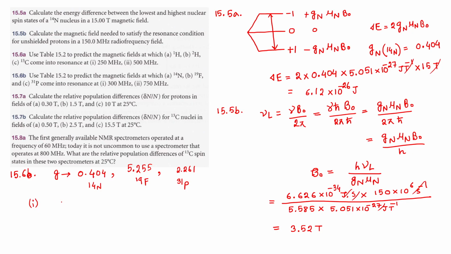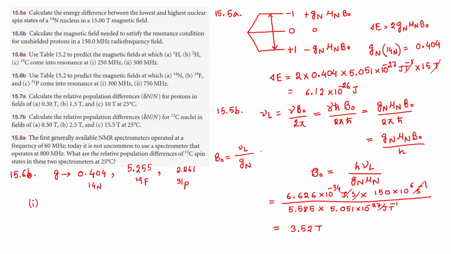So magnetic field, I have given you the formula here, right? So at least we can get an idea that your B0 is going to be something constant divided by Gn, right? And obviously nu L is there.